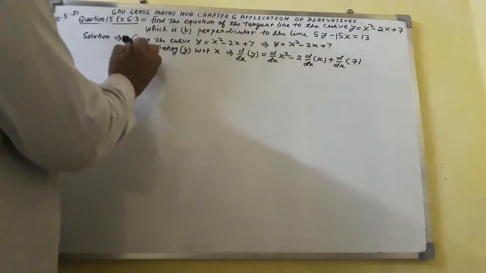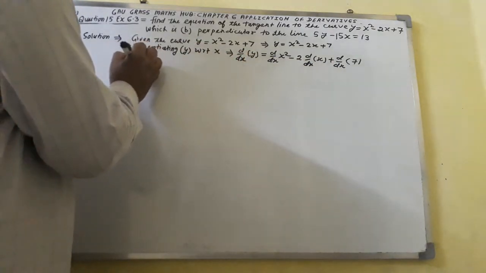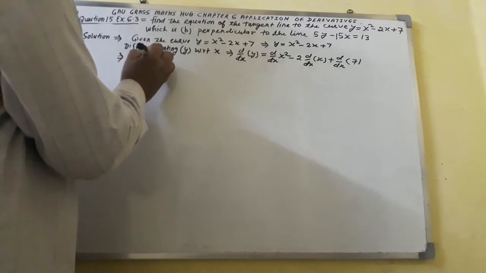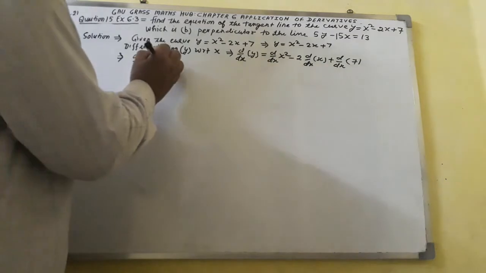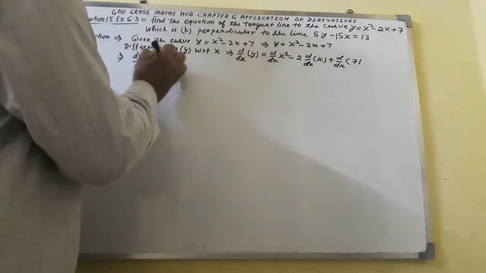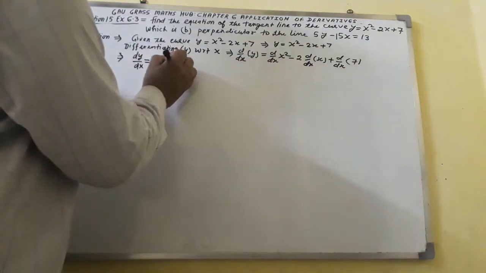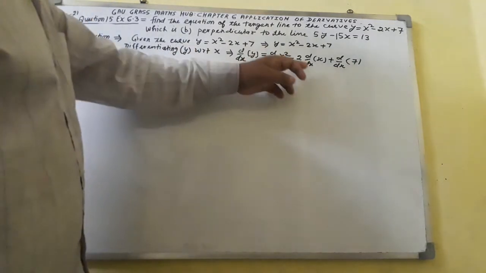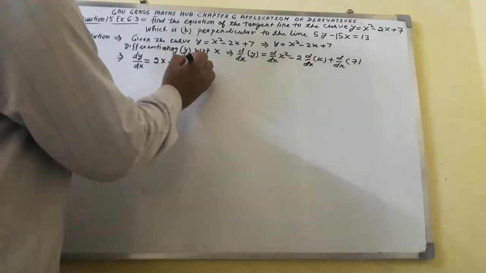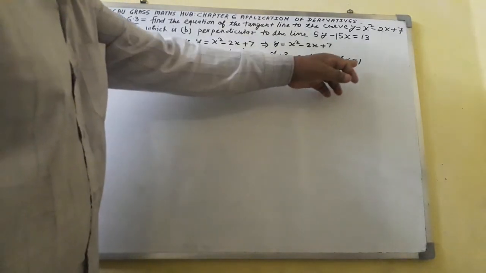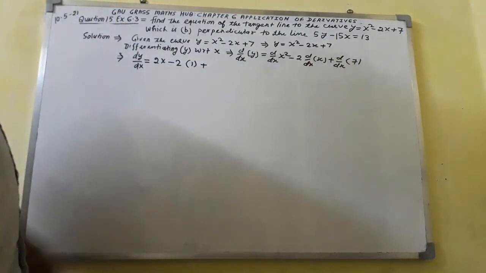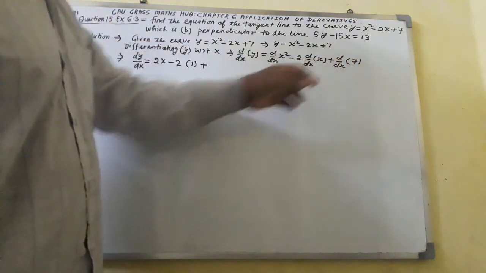So here I shall write dy over dx equal to d over dx of x square comes out to be 2x, minus 2 I shall write d over dx of x, we shall get 1, plus d over dx of 7, here 7 is a constant. The first order derivative of a constant comes out to be 0.